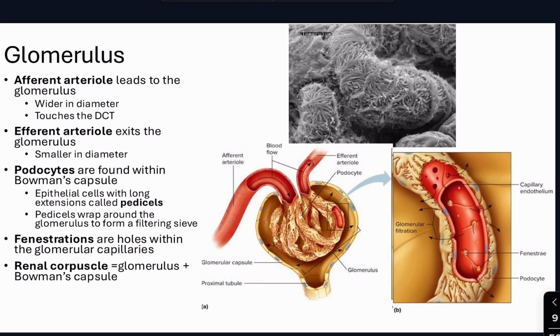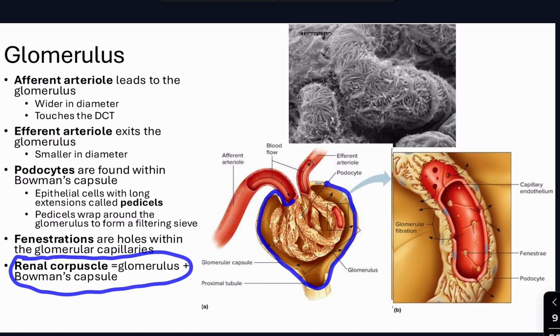Okay. And just so we're all aware, the renal corpuscle is going to be both of those together. Okay, so the glomerulus and the Bowman's capsule put together, right? So all of this business is going to be our renal corpuscle. Do not get these confused, okay?